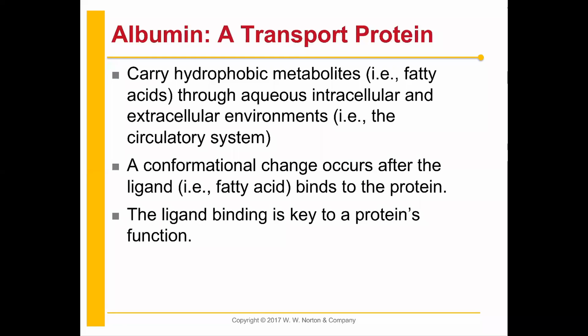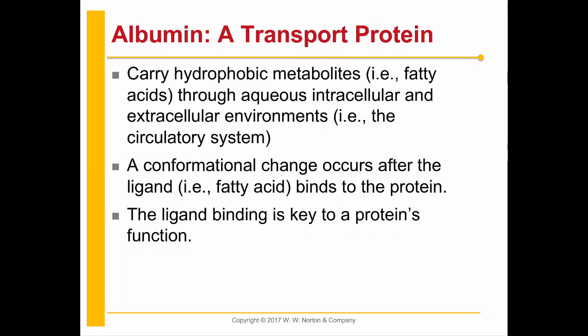All right, so let's talk about another transport protein. This one's a little bit different. This is a soluble transport protein, albumin. Soluble transport proteins are a little less abundant, but they're very important, right? You can have proteins that transport oxygen, like myoglobin and hemoglobin, and we'll talk about hemoglobin in section 2.